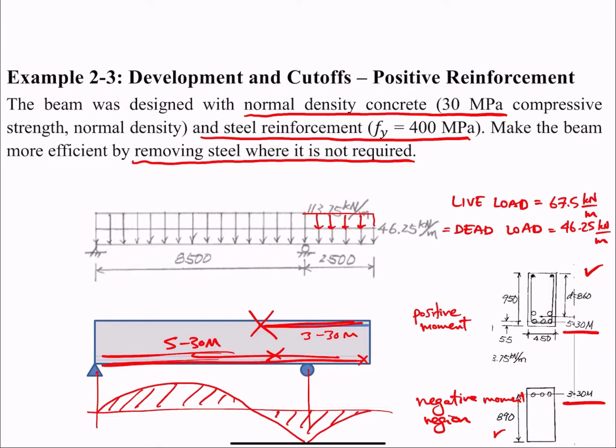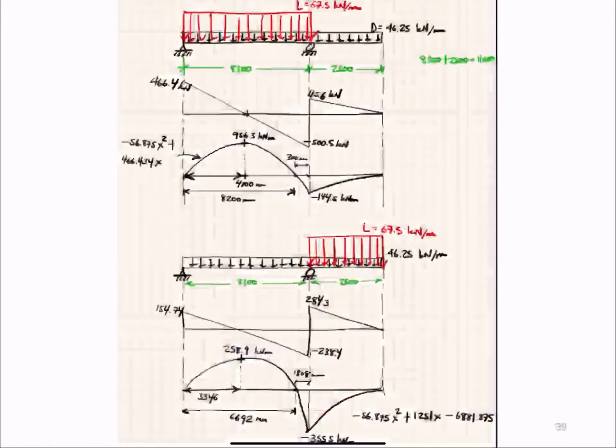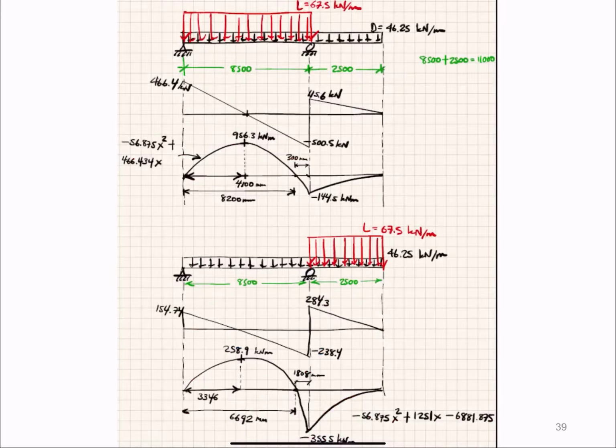Well, in this problem, we are going to play with something called moment envelopes. We did a bit of it in a previous lab. It consists of placing the live load, which is the red load over here, in different spans.